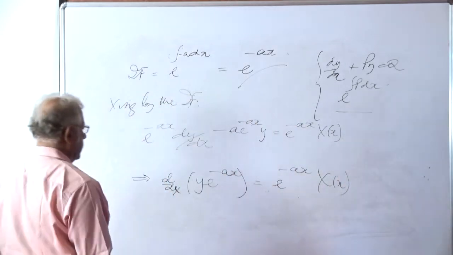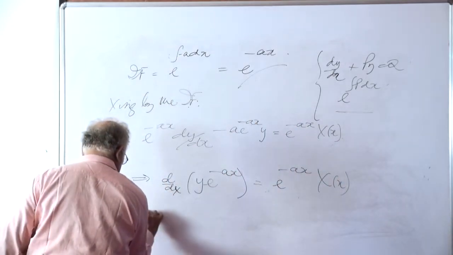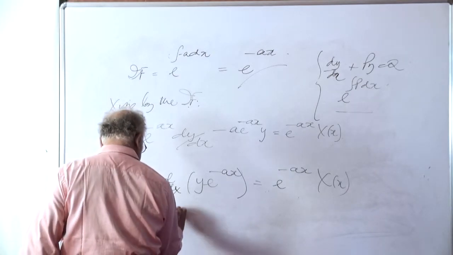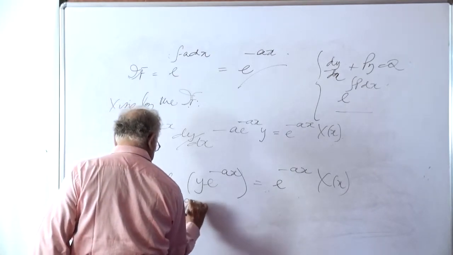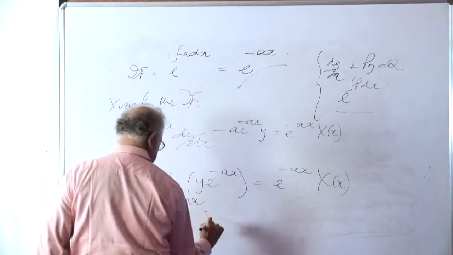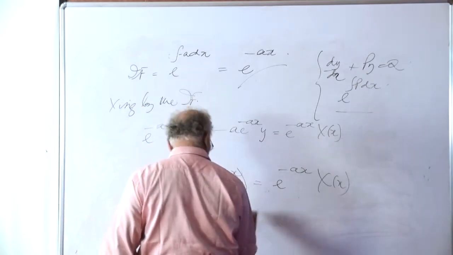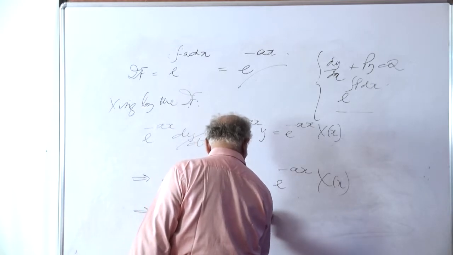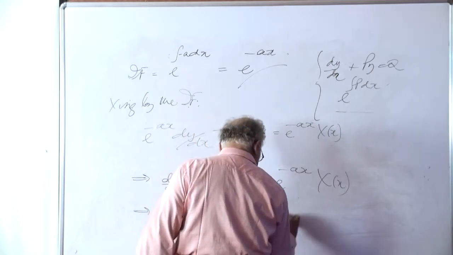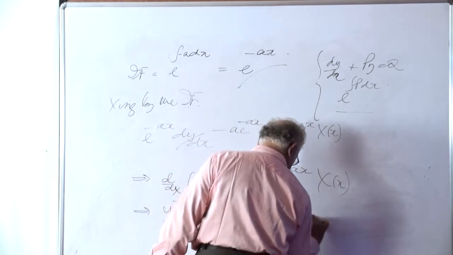Clear? The next step is y e to the power of minus ax is the integral of e to the power of minus ax X with respect to x.